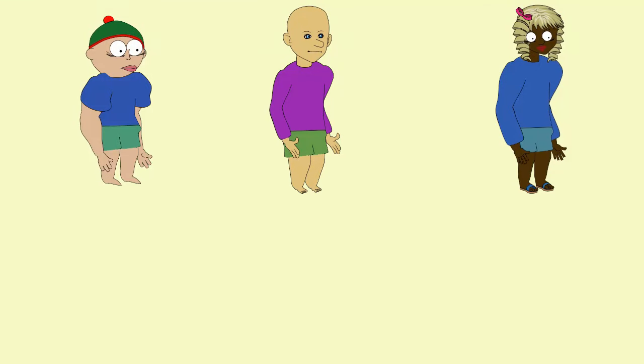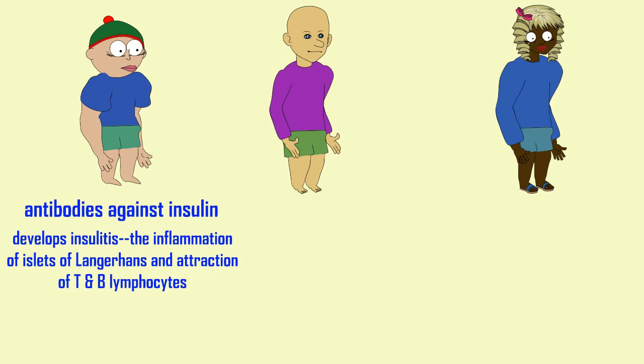While the development of antibodies against insulin are a major early step in the development of many cases of type 1 diabetes, they are not an essential step. In this first young patient, this individual does develop antibodies against insulin and develops insulitis, the inflammation of the islets of Langerhans, which then attract both B and T lymphocytes to the islets.